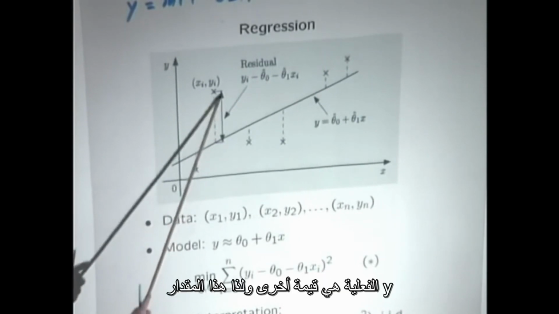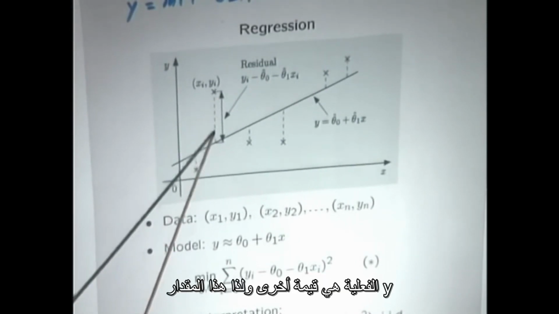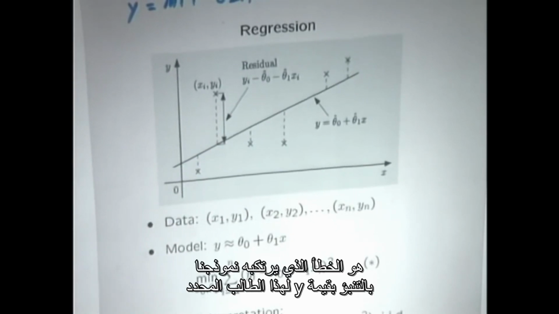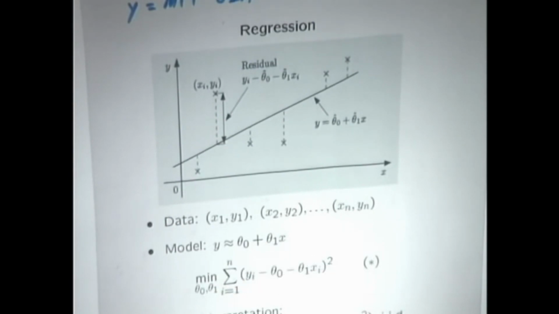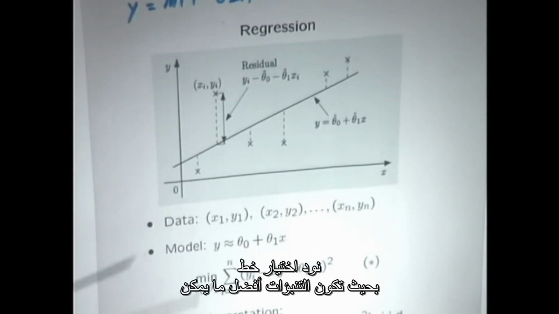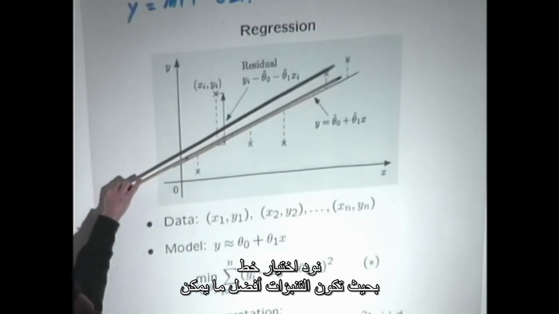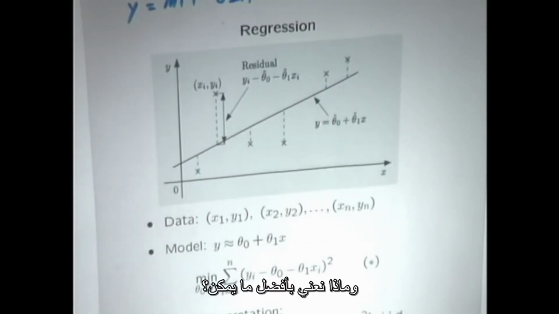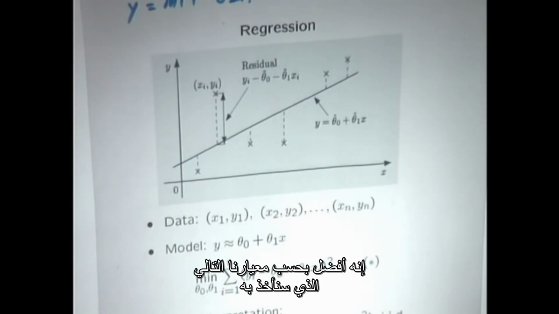The actual y is something else, and so this quantity is the error that our model would make in predicting the y of that particular student. We would like to choose a line for which the predictions are as good as possible. And what do we mean by as good as possible? As our criterion, we're going to take the following.